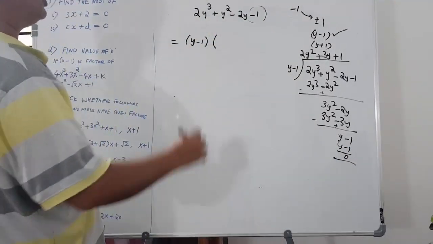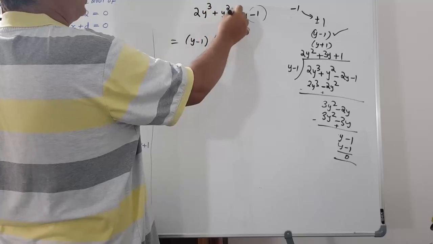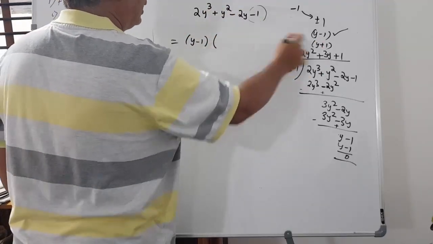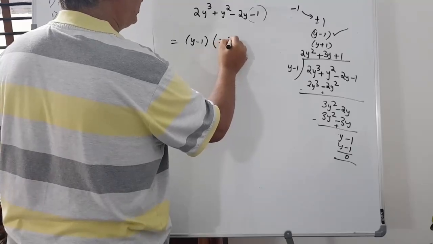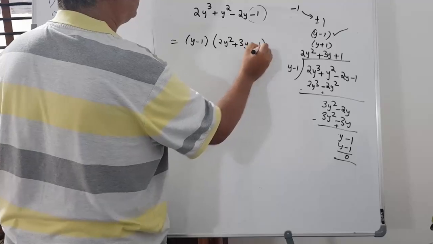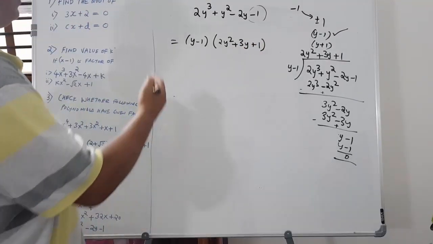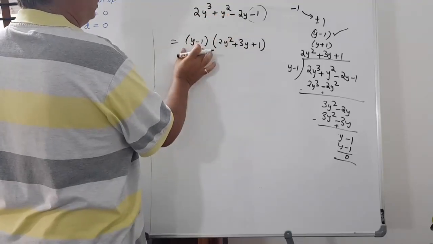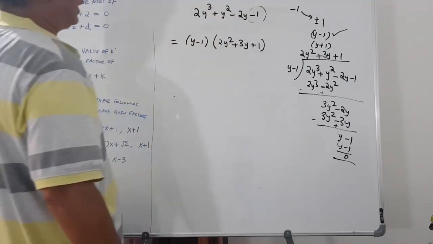Okay, so this means 2y cube plus y squared minus 2y minus 1 is equal to y minus 1 multiplied by 2y squared plus 3y plus 1. Okay, so we have factorized the cubic expression to a linear expression multiplied by a quadratic expression.